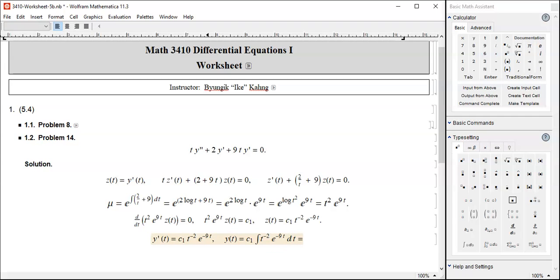And then what is this? We have this function plus arbitrary integral constants. We're going to need two integral constants here. The first integral gave me the C1, and then the second integral gave me the C2.